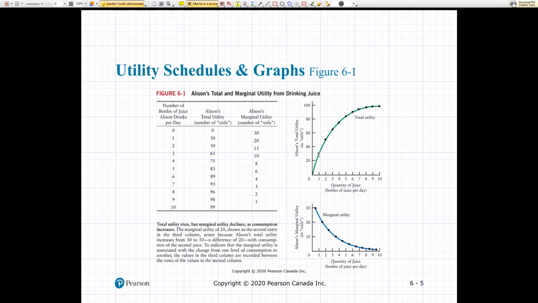So how much did your utility change when it went from 30 to 50? It's 20, right? So 20 was the extra utility you gain from going from 1 to 2. So that's the concept of marginal utility. If you use derivatives, it's just a derivative, but you don't have to think about this. So in discrete terms, that's what it is.